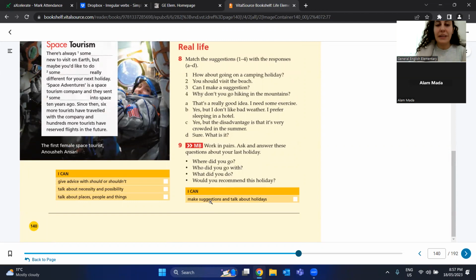Last, before we go, in a few more minutes, making suggestions. When I want to give advice, I want to give you some information. I want to tell you what I think is good. I have to say, I suggest you buy this book. I suggest any dish. If you're in a restaurant, oh, what do you recommend? I suggest any dish. Why? Because they're all good. I recommend the what?